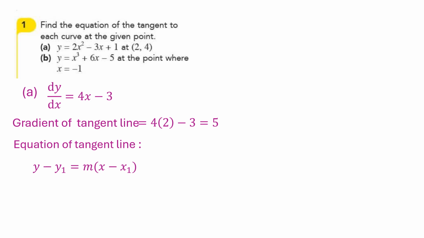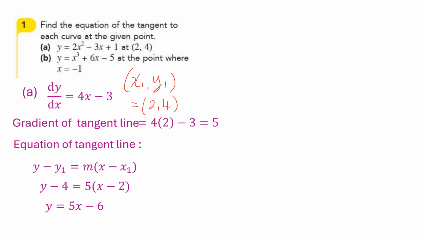So let's substitute all this information into y minus y1 equals m bracket x minus x1, and let's see what we get. y1 will be 4, x1 will be 2. Let's simplify it. So the equation of the tangent line will be y equals 5x minus 6.